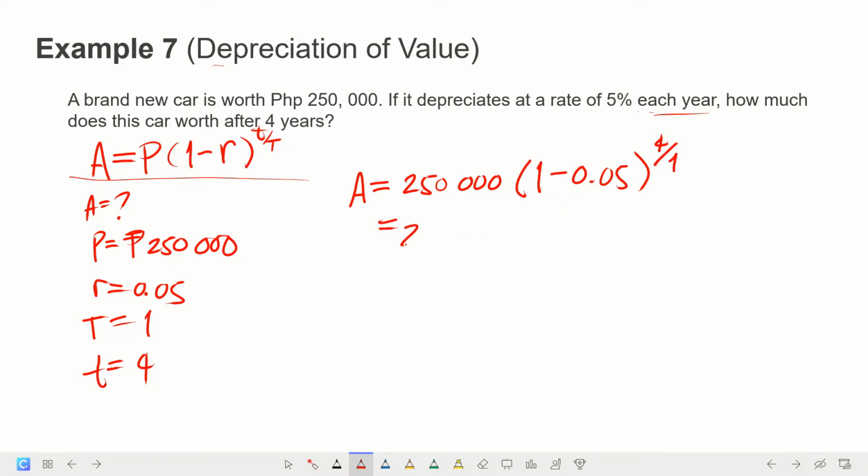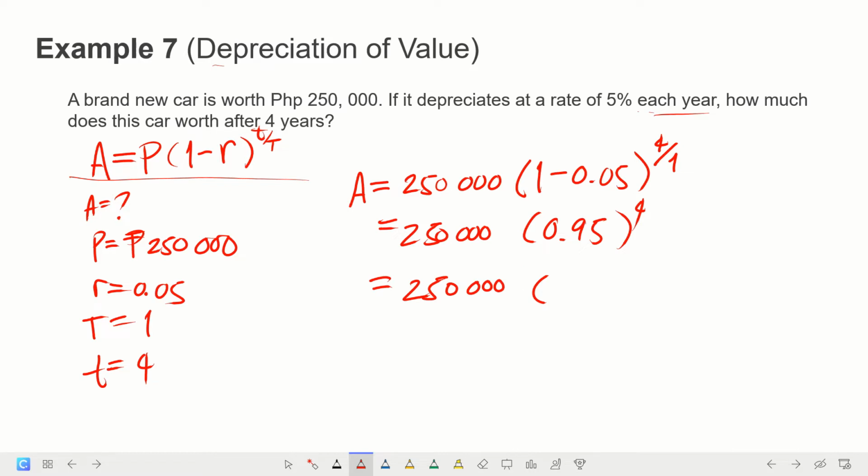So it's equal to 250,000 times 1 minus 0.05, which is 0.95. It's a subtraction. 0.95 raised to 4 divided by 1, which is 4.